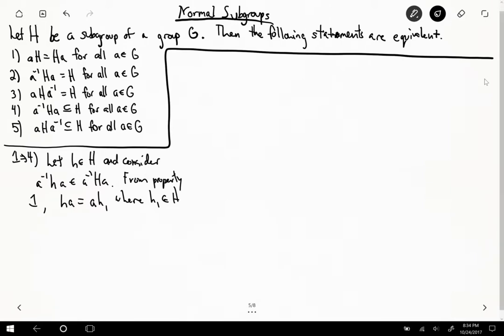If you take a look, hit this thing right here on both sides on the left with a inverse.